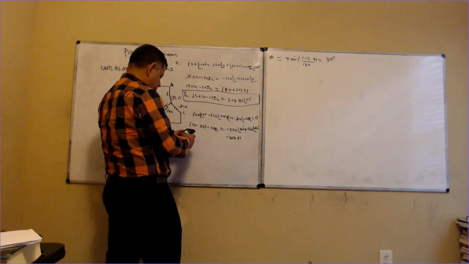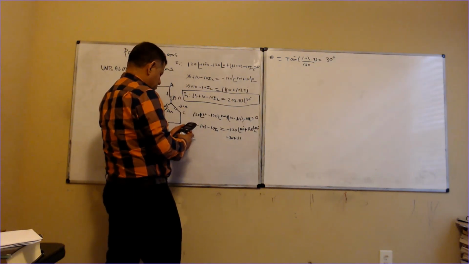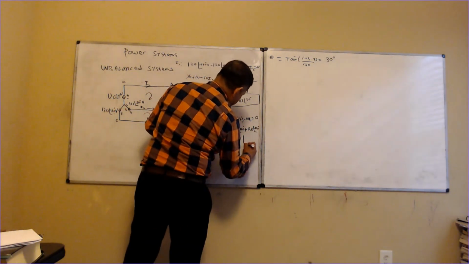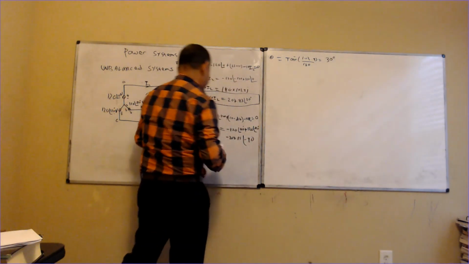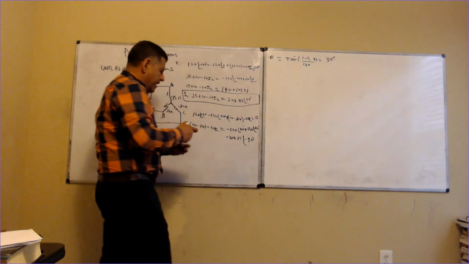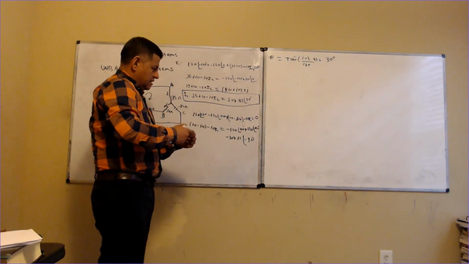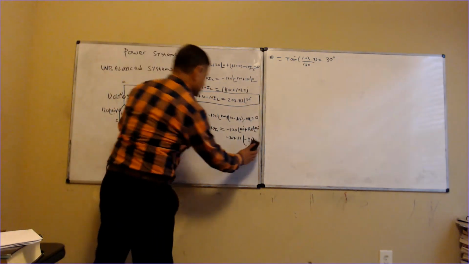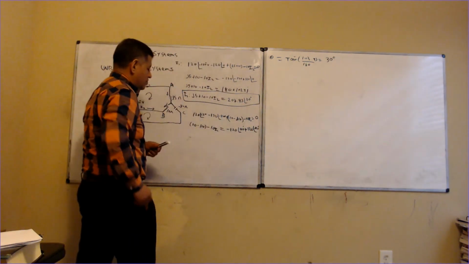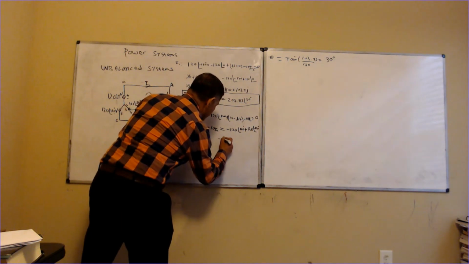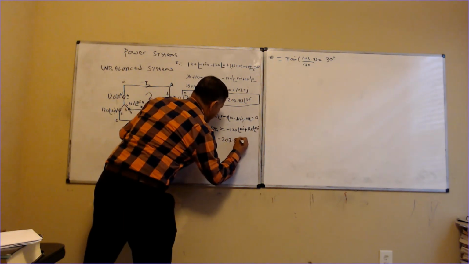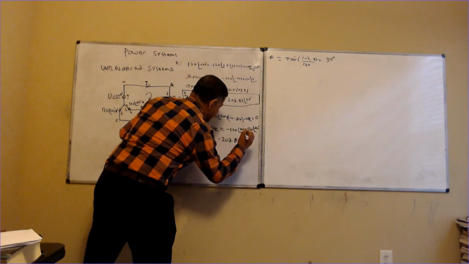Yeah, so it's a 90 degrees down, right? So technically this is 90 degrees, right? Because I get 207.85 J, right?